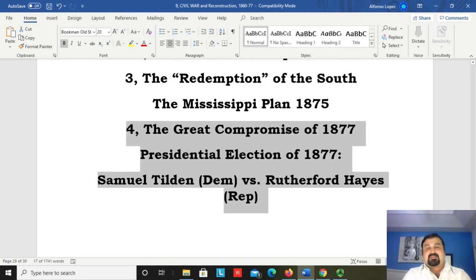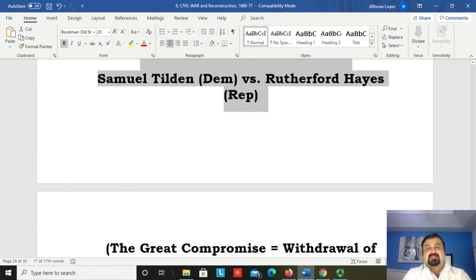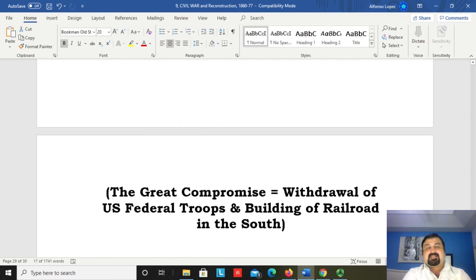The conditions are that you will have to withdraw the Union Army, the U.S. federal troops, from the South, and you have to end Reconstruction. In other words, from this point on, we're not going to reform the South any longer. There will be no further change whatsoever.